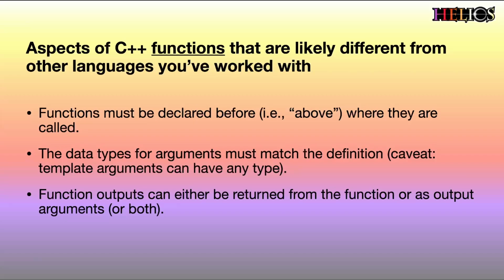I would say one of the most common sources of error for new users of Helios and C++ in general is that they don't supply the correct argument types or in the right order for functions. And then they get a compile time error saying that there's no function that was defined that has this combination of argument types and in this order.